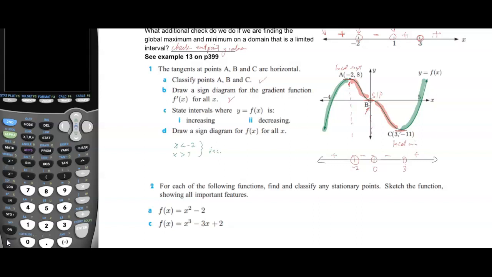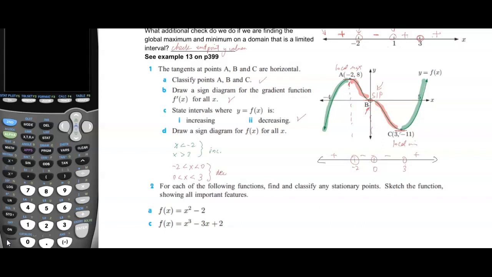And decreasing would happen from -2 all the way to 0, and from 0 all the way to 3. Remember, at 0 itself, it's not increasing or decreasing because it's just a stationary inflection point. Okay, so now we've finished part C.